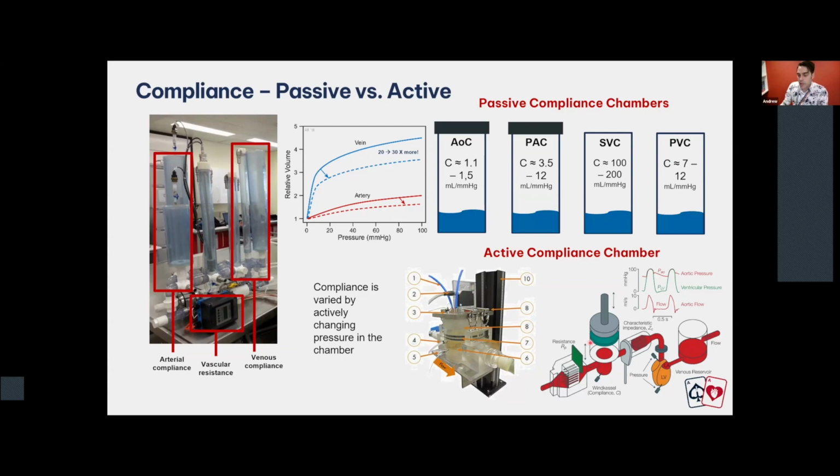Similarly, this one's a pusher plate with a diaphragm where they're just physically changing the amount of trapped air and the pressure that the trapped air is pressurized under just by moving the diaphragm in and out. So depending on what you want to look at, an active compliance chamber might be really important if you're looking at aortic pressure waveform shaping, for instance.